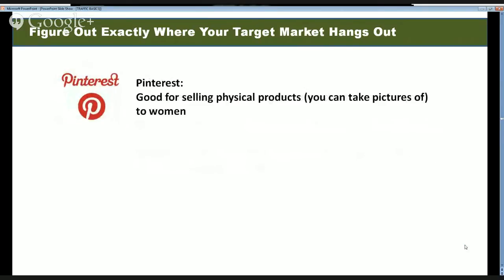As we said before, Pinterest is good for selling physical products that you can take a picture of, or other products that you can do some kind of really nice graphic for, but mainly selling to women. Many, many more women than men use Pinterest. It's another one that we really don't recommend.